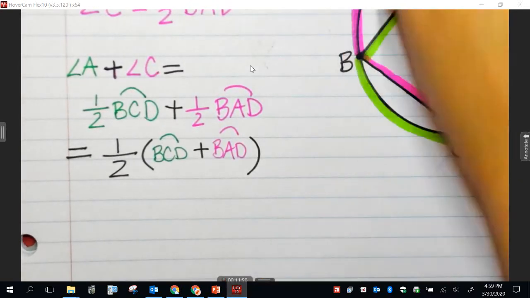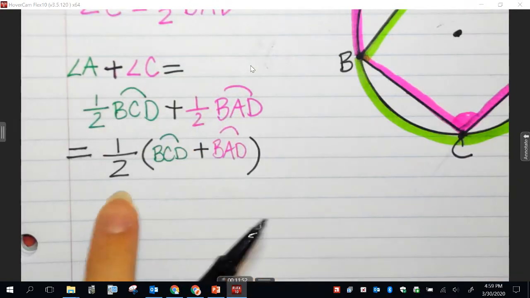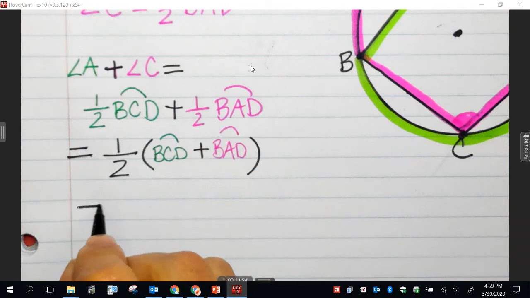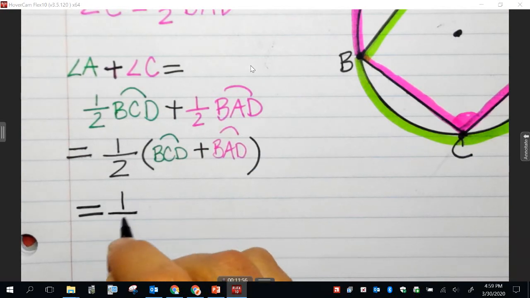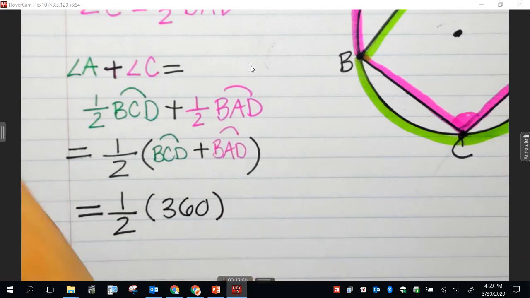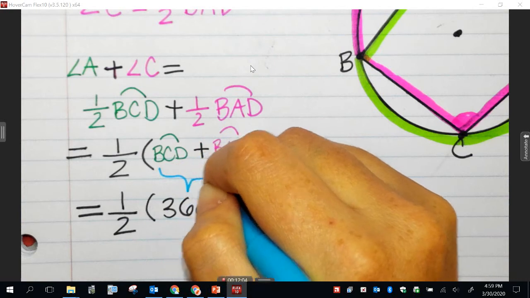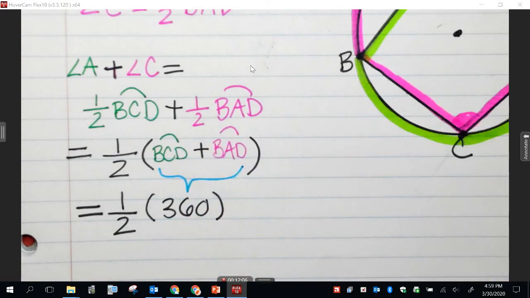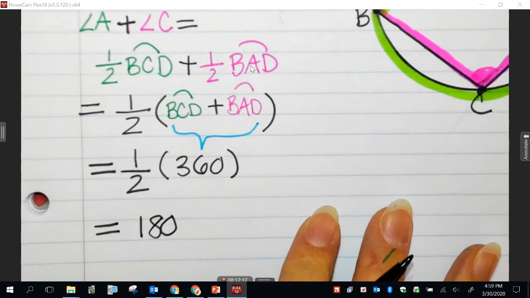So really, when we say that A and C is 1/2 of BCD plus BAD, we're really saying that it is 1/2 of 360, because if you combine these, they sum to 360. Well, 1/2 of 360 is equal to 180.